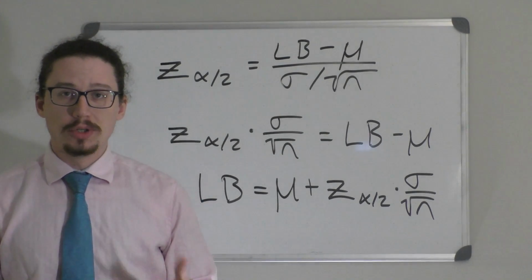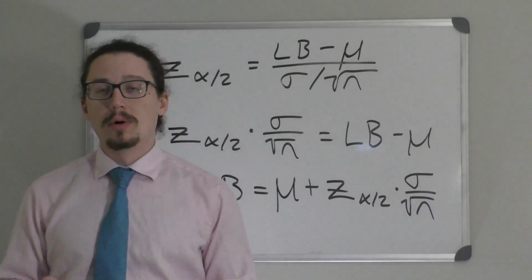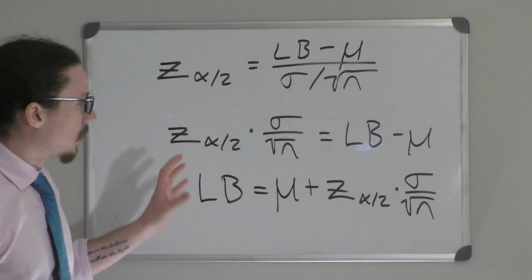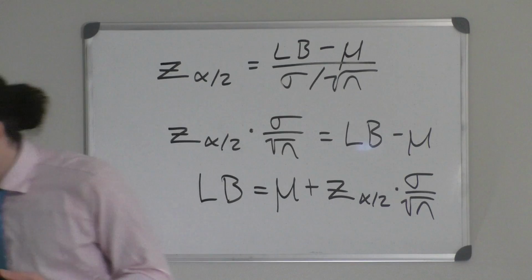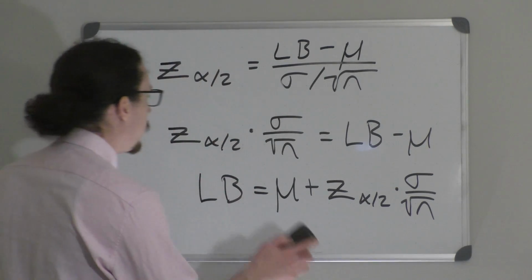Right, now, since our distribution is symmetrical, we can find the upper boundary easily as well. We could also derive it, but we don't necessarily need to do that.